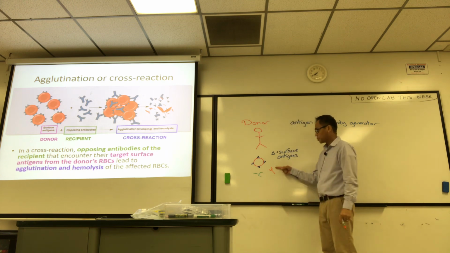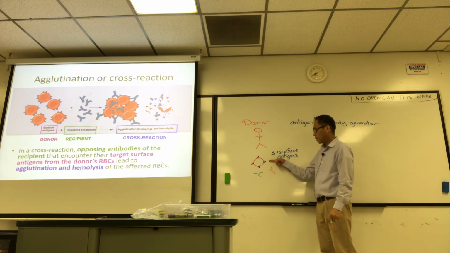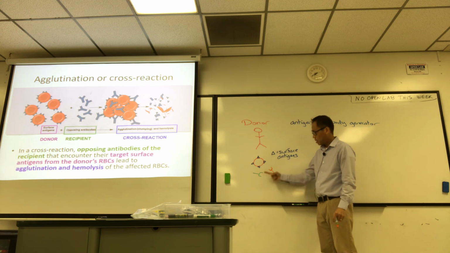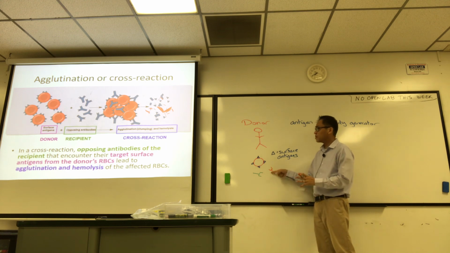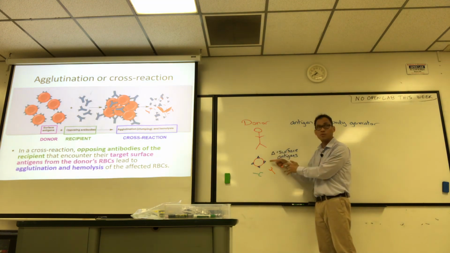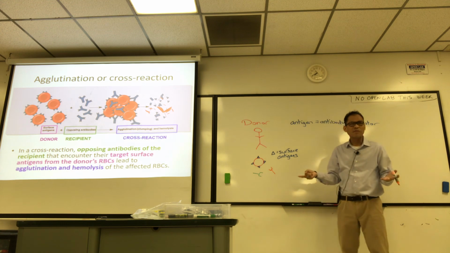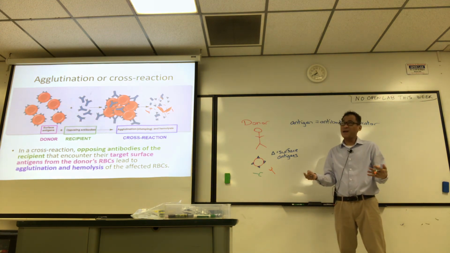So maybe this round shape won't attack a triangular shape. Maybe a square shape won't attack a triangular shape. See what I'm getting at? Your own immune system won't attack you.